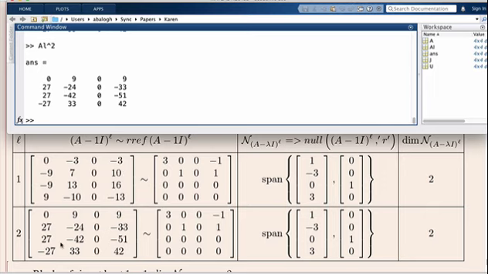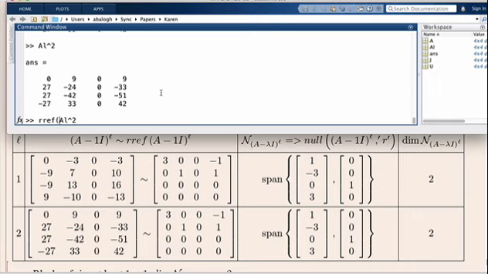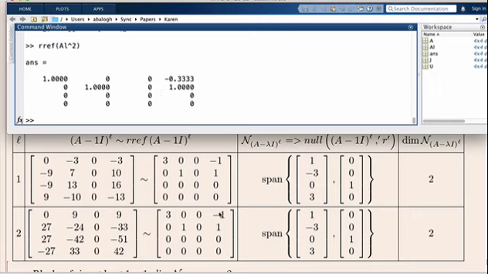So we get another matrix, and then we reduce this to get the reduced row echelon form, and possibly this is where we get the null space. What you can see is that the reduced row echelon form is the same as before, and hence the null space will also be the same as before. And that means the dimension is the same.